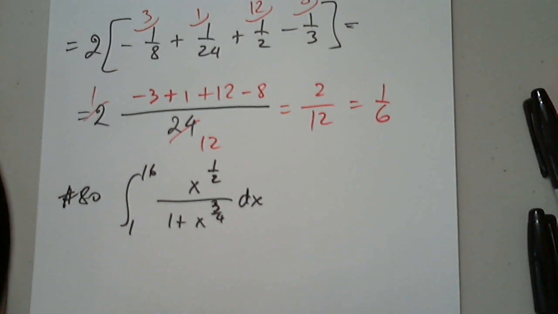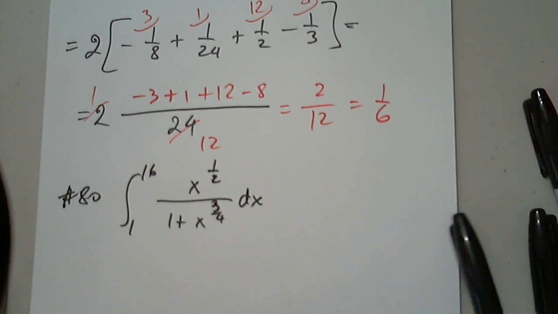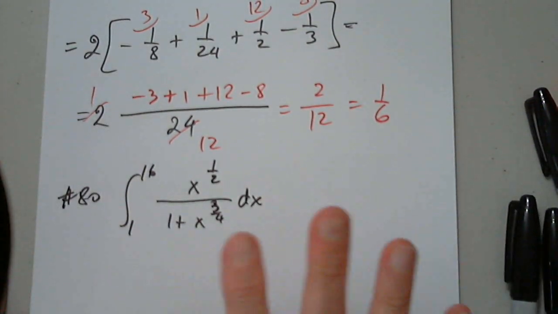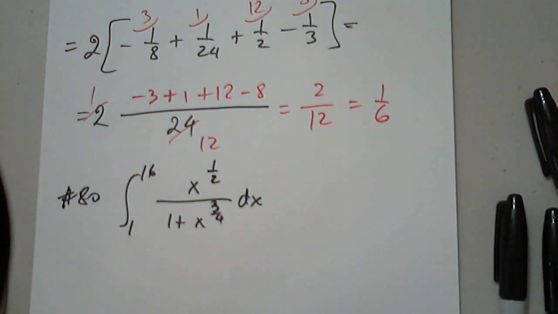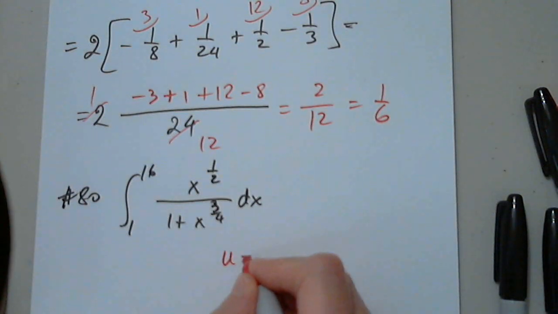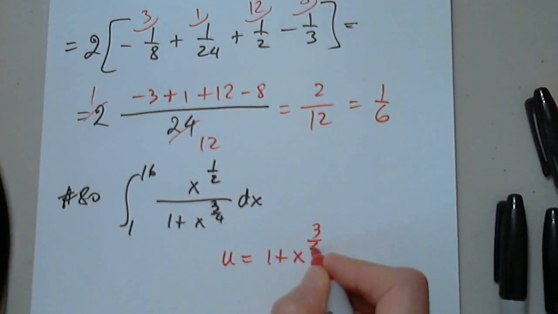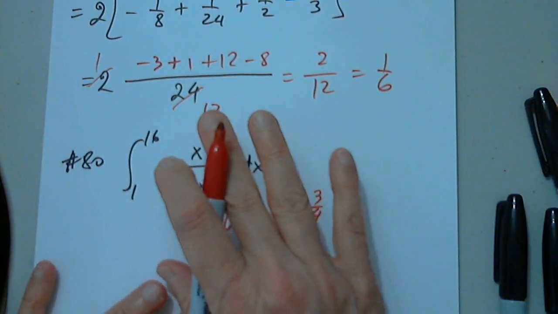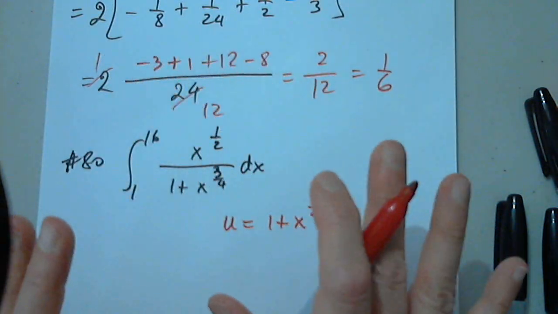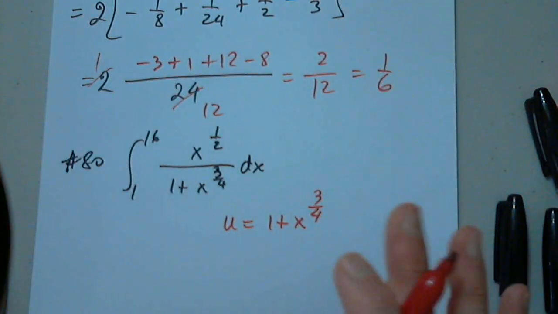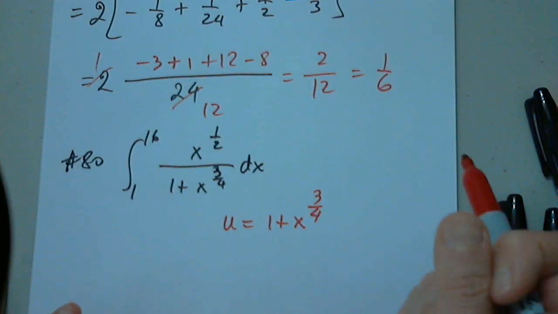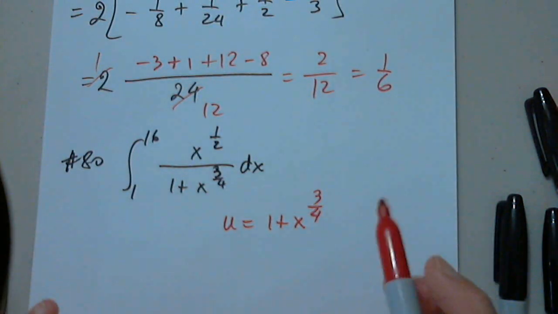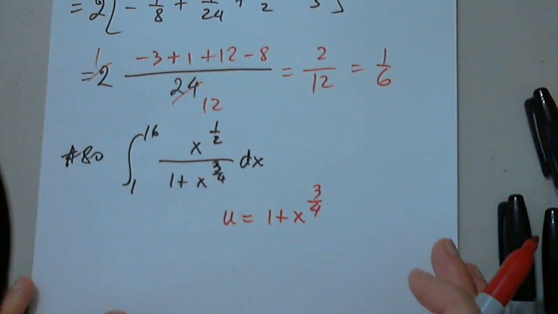Now, this is an even slightly higher level than the previous one. Here's why. I don't know what I'm going to get. I'm going to start by saying, okay, let u be 1 plus x to 3/4.